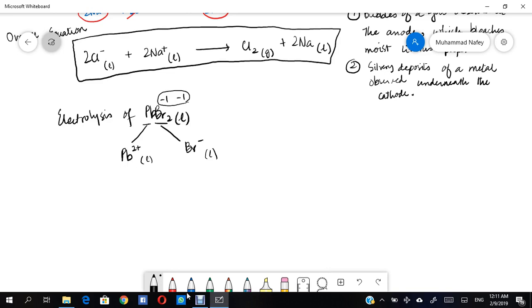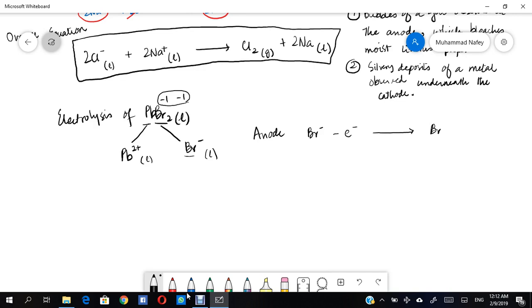So now what happens is that the bromide ions are going to move to the anode. So what happens at the anode? Bromide ions move to the anode, and they are going to lose electrons and form Br. What are the mistakes?